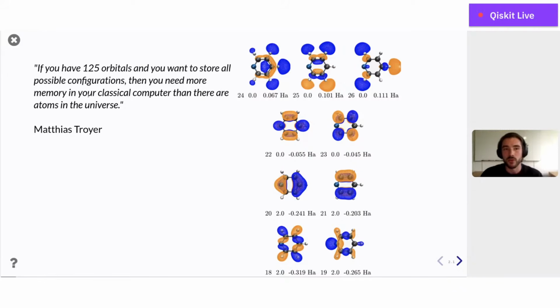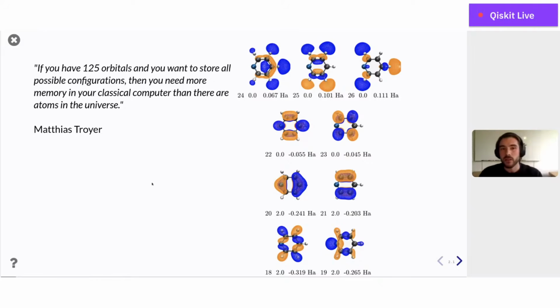Because on a quantum computer, we really only need 250 qubits to represent these 125 orbitals. And while it is true that we're not close to having 250 qubits available today, we hope to have that within the coming years. That's why it's important that we already research and develop new quantum algorithms to simulate such systems today, so that we're ready once we have such quantum computers available to us in the future.